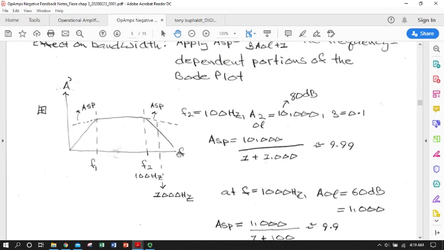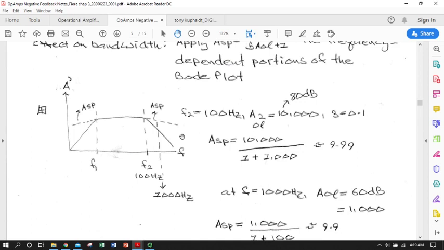So all op amp circuits will end up experiencing this gain loss as you go to higher and higher frequencies. Some can be designed so they don't experience this leading region, but they all have the lagging region. So no op amp circuit will operate with frequency independent constant gain at a sufficiently high frequency.